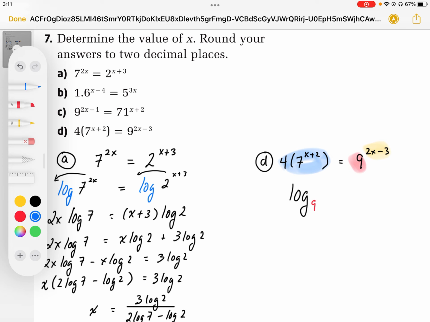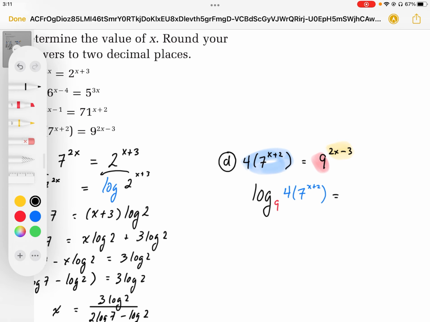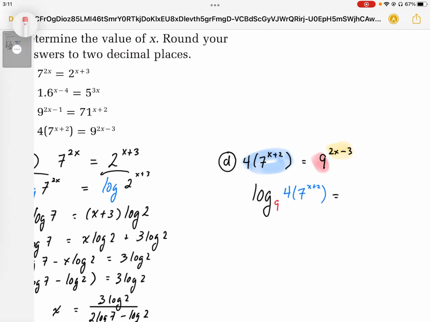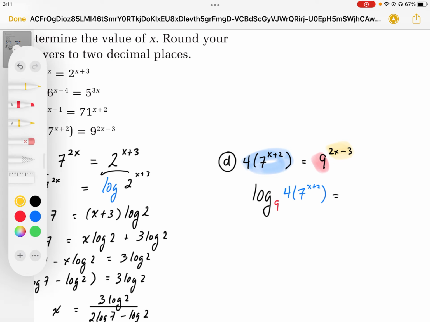The argument is 4 times 7 to the x plus 2, and that's going to be equal to the exponent, which is 2x minus 3.